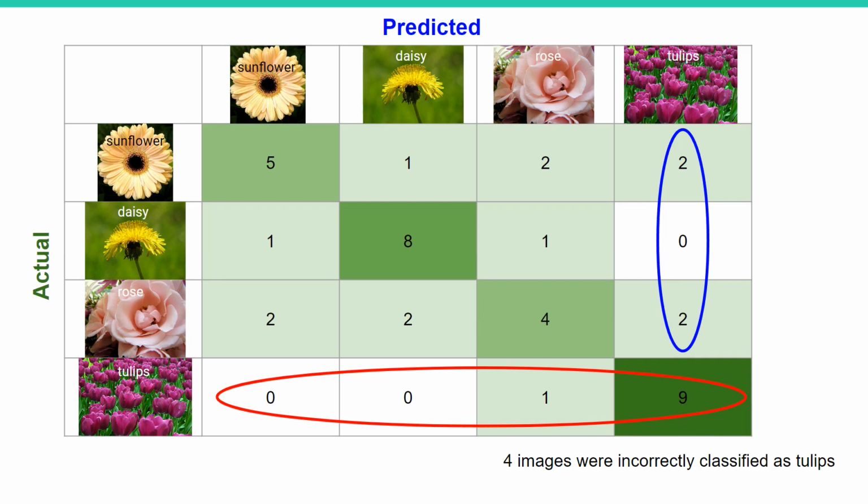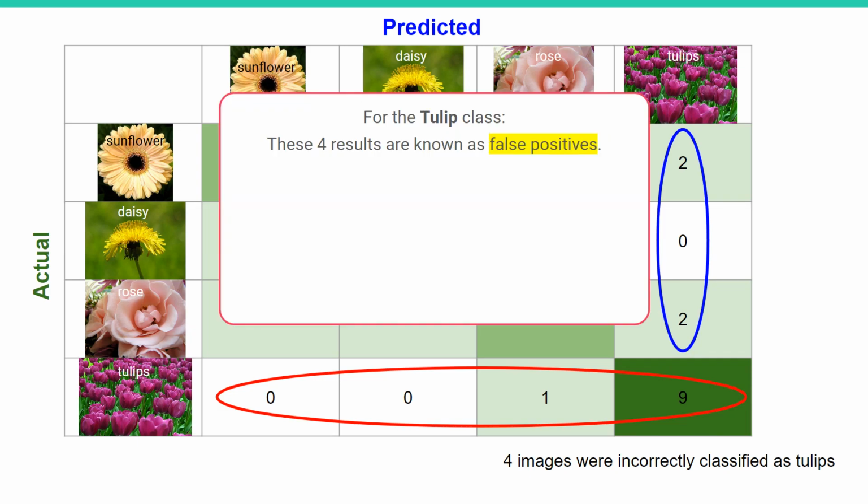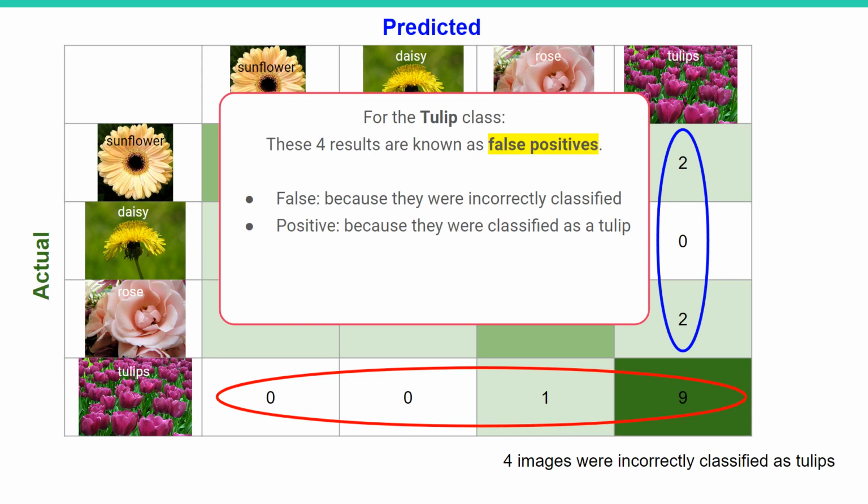When we look at the other numbers in the column for tulips, we see that there are a total of 4 images that were classified as tulips, even though they were not actual images of tulips. So these 4 results are known as false positives. False because they were incorrectly classified, and positive because they are belonging to the class that we're looking at, which are tulips.